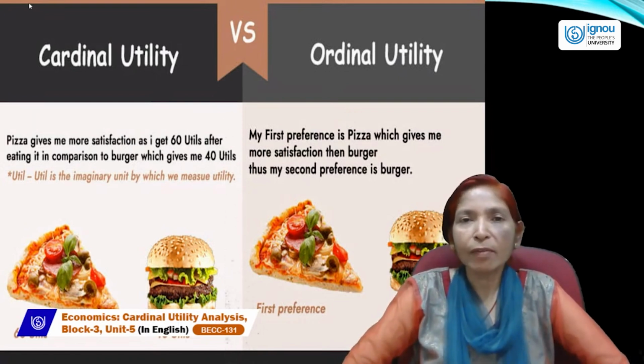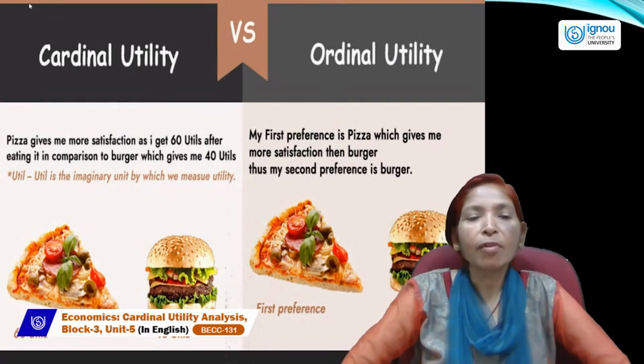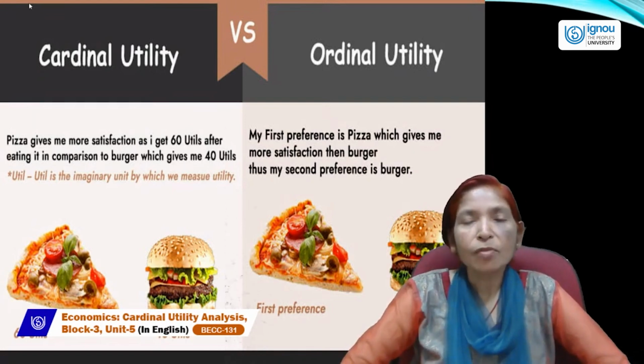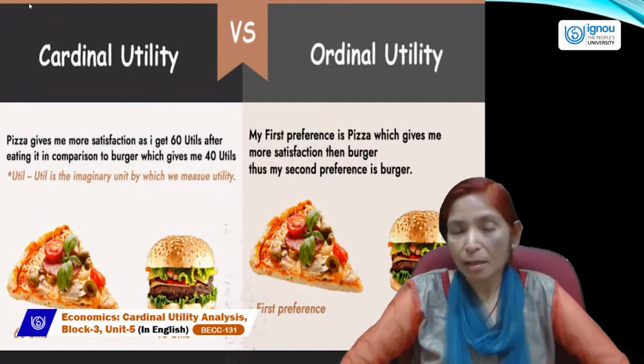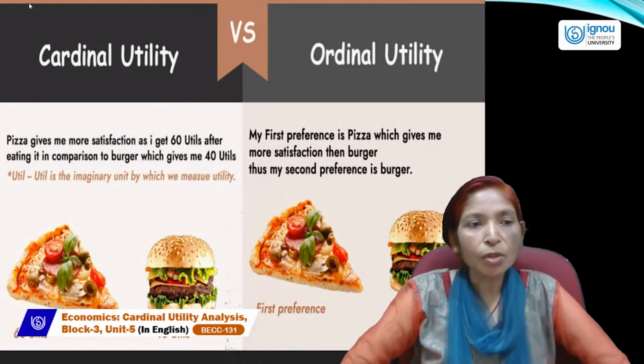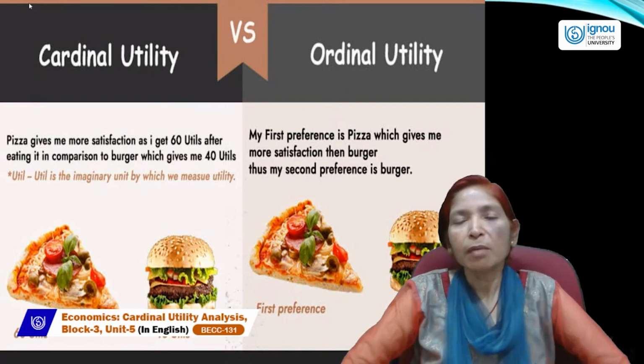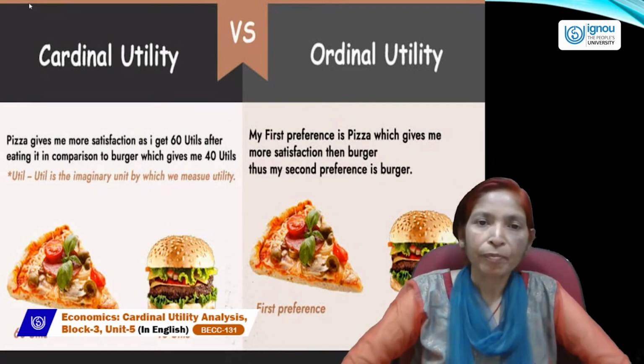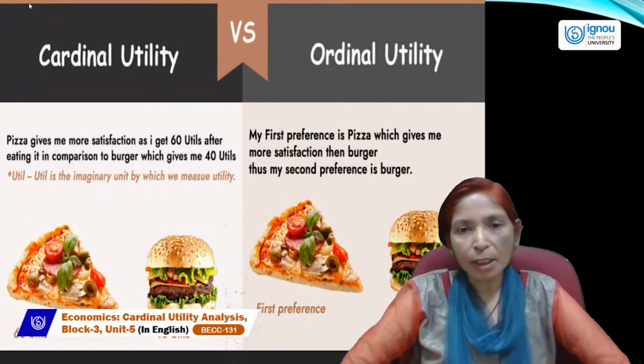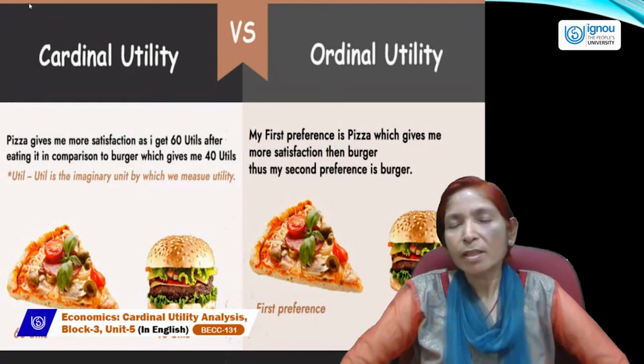So if pizza is giving me 60 utils of satisfaction and burger is giving me 40 utils of satisfaction, which one is higher? Pizza satisfaction is higher than burger satisfaction. So util is the imaginary unit by which we can measure utility. In case of ordinal utility, my first preference is pizza, which gives me more satisfaction than burger.